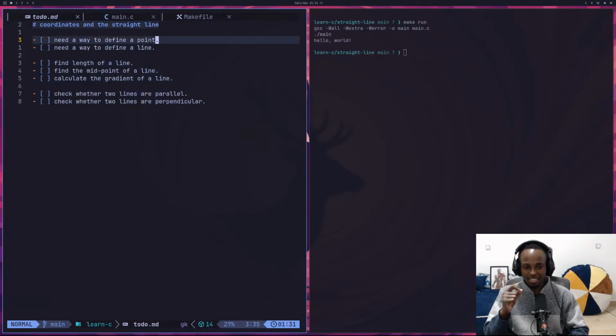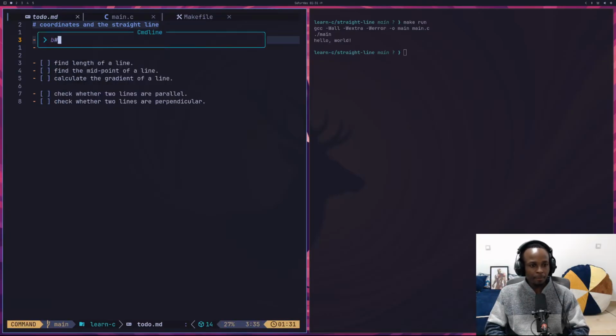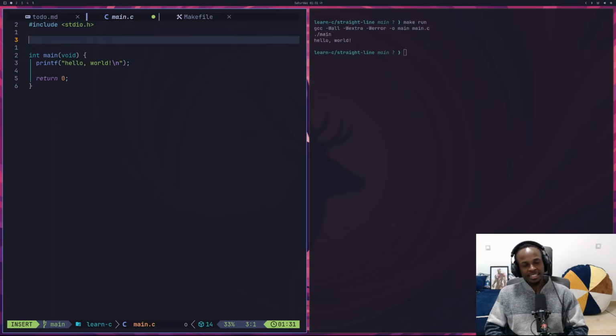Remember, a point has an x and a y coordinate. That is what defines a point in the Cartesian system. So since it's some form of data, we are going to make it abstract. So we are going to define an abstract type. So typedef, it's going to be a struct, and we are going to call it point.